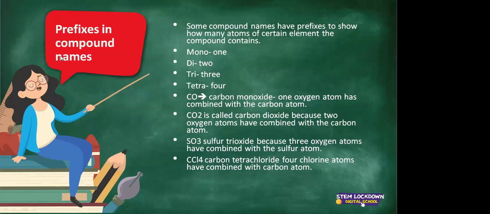We only have 1 oxygen atom, which means 1 oxygen atom has combined with the carbon atom, and you get carbon monoxide. Then you have CO2, which is carbon dioxide.